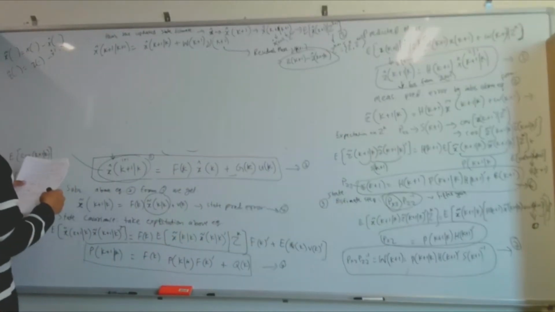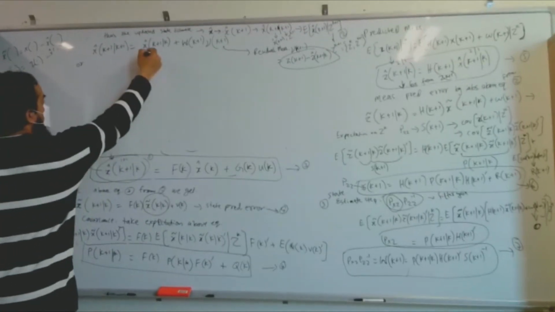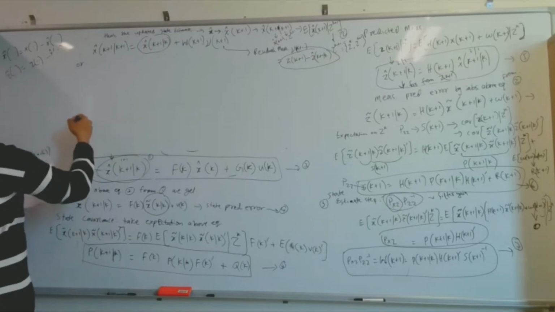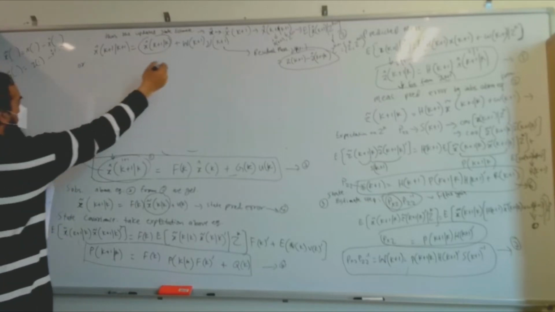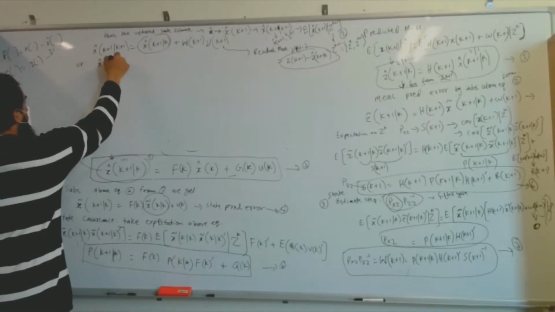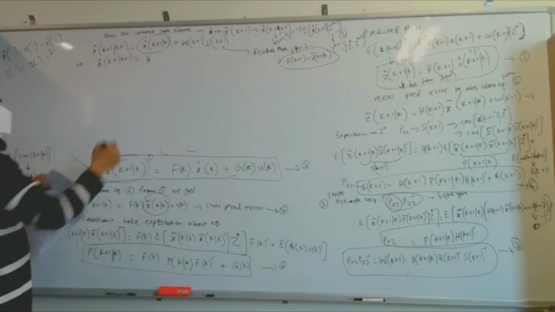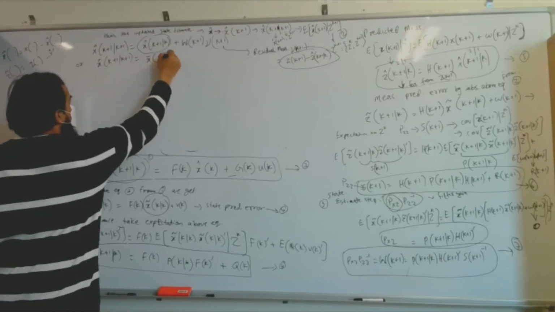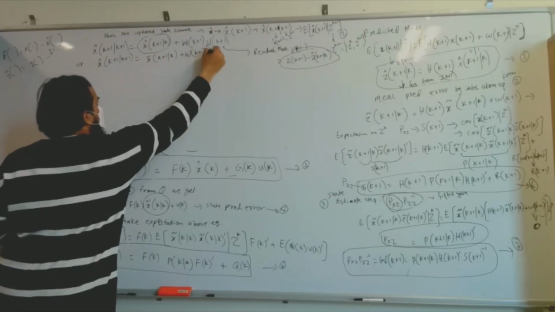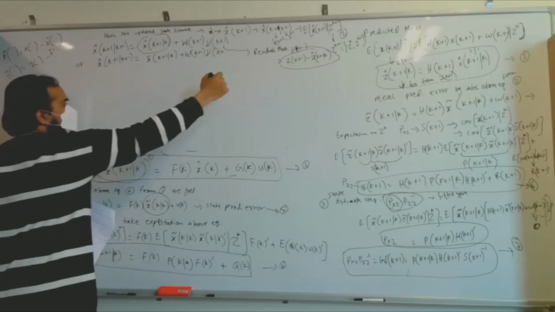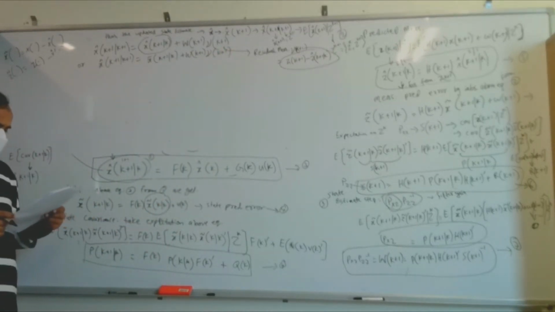So there is other notation for this. This is the state prediction. When you go through a research paper, this equation is denoted as the state prediction.